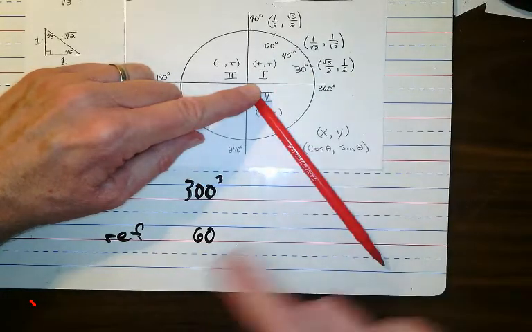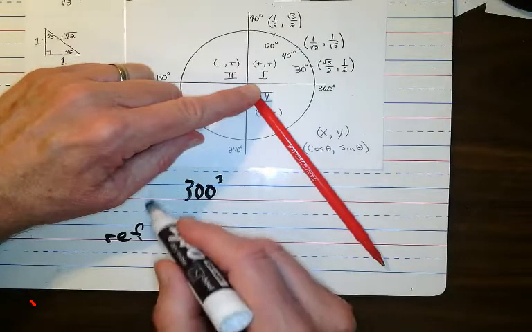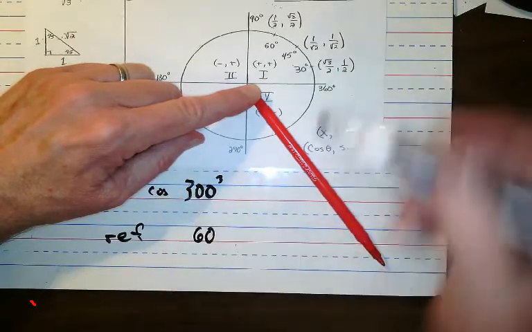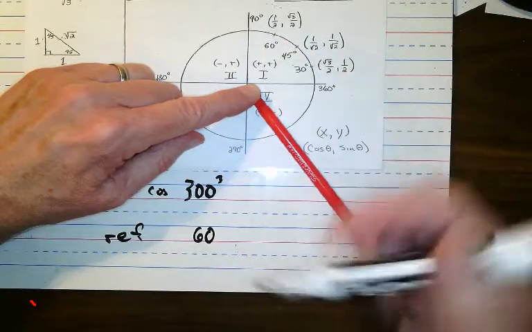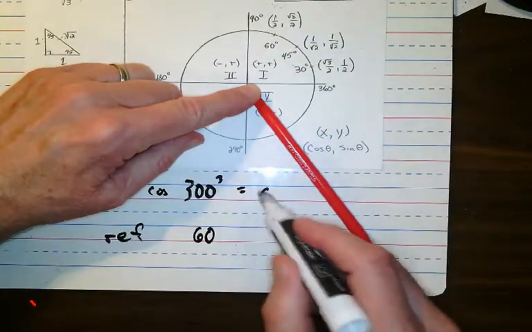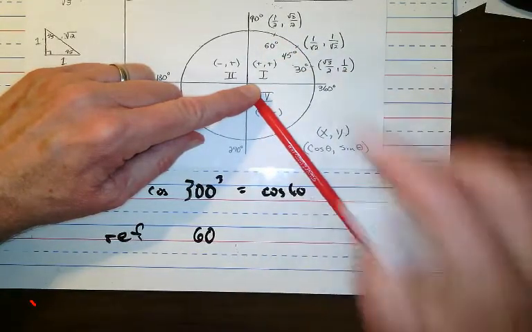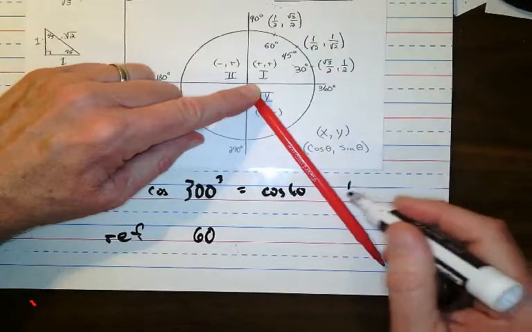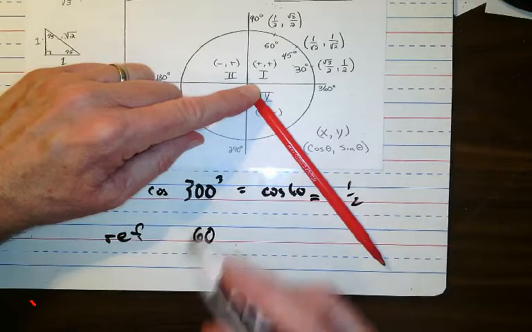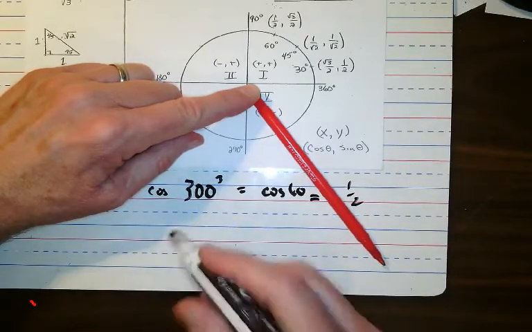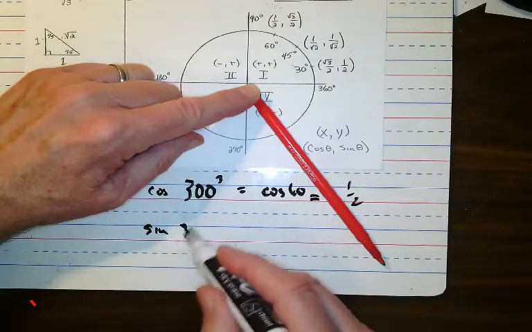So, we got it. So if I wanted to know the cosine of 300, the cosine is right here on this side of the world, that's positive. So the cosine of 300 is the same thing as the cosine of 60. Well, I know what that is. That's 1/2. Ta-da! Right? How about if I wanted to know the sine of 300?